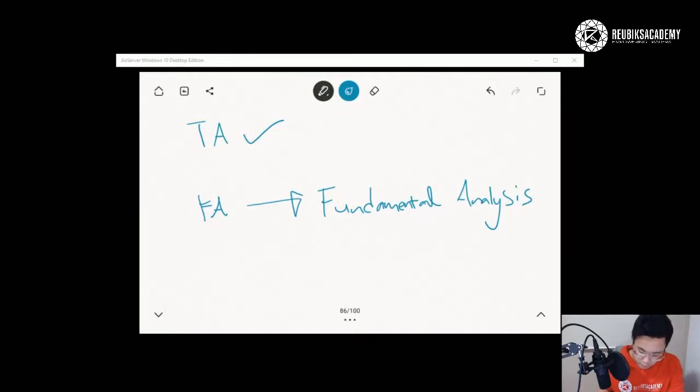Now, if TA is looking at the charts, then FA is looking at the books of the company and probably everything else: politics, society, social trends, tech trends, social media, the public relations of the company, the internal operating efficiency of the company, the debt ratios of the company, how much debt the company has, how much profits the company has. In other words, the real internal value of the company.